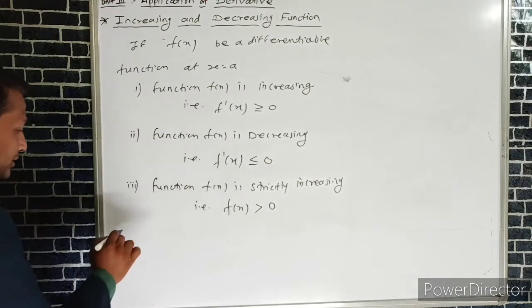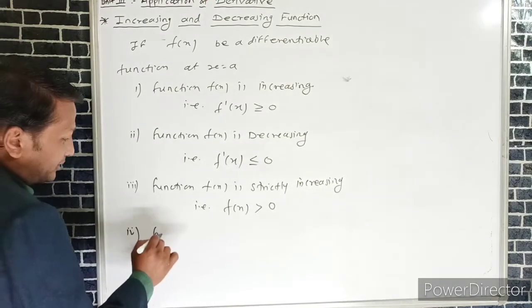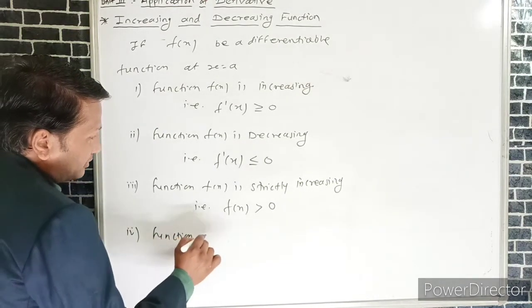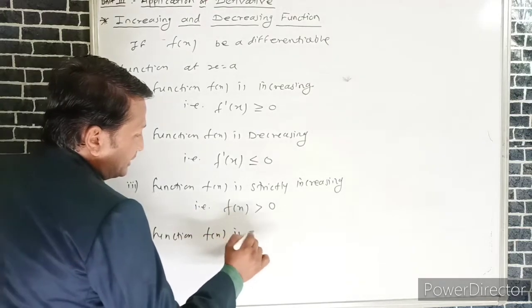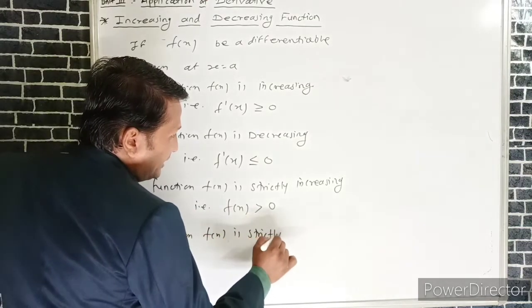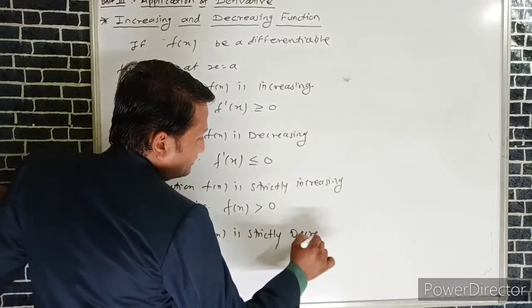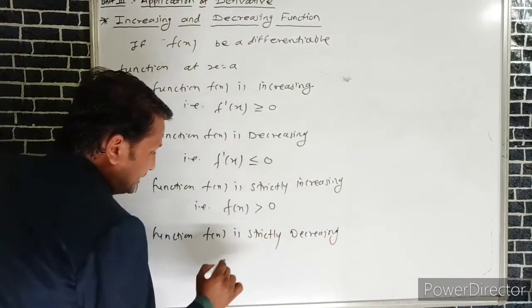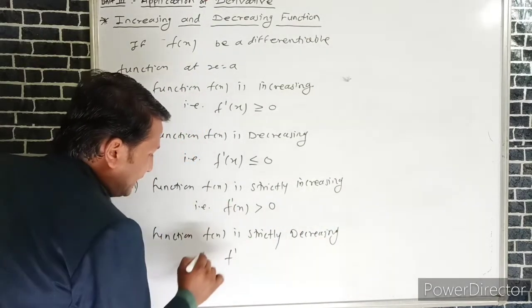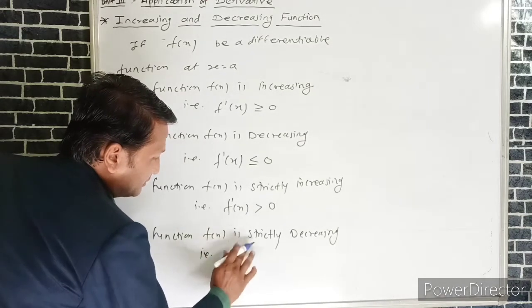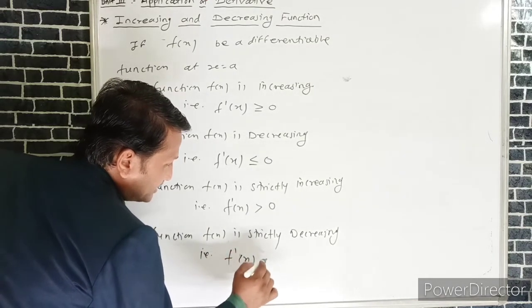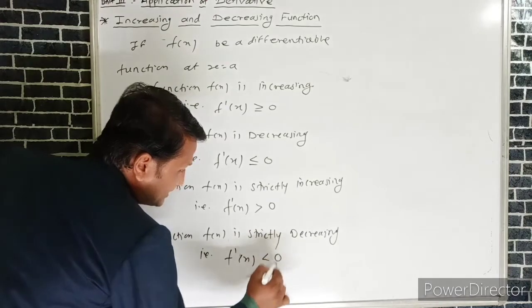And the fourth condition: if the function f of x is strictly decreasing, then f dash of x is strictly less than 0.